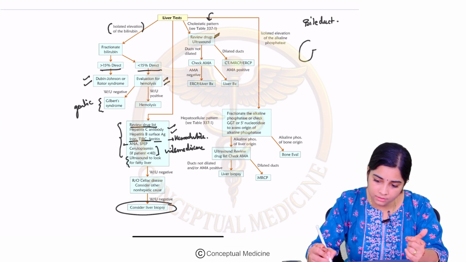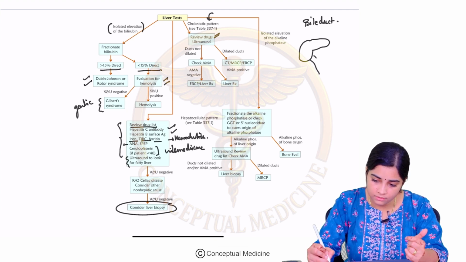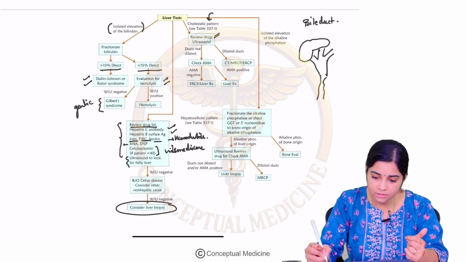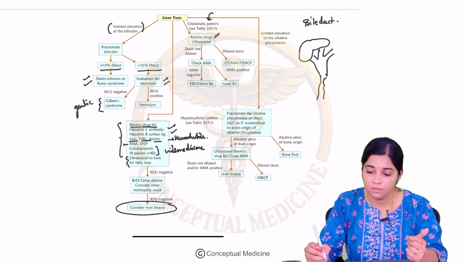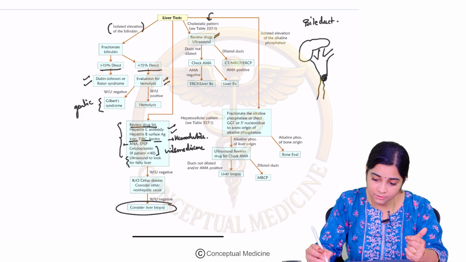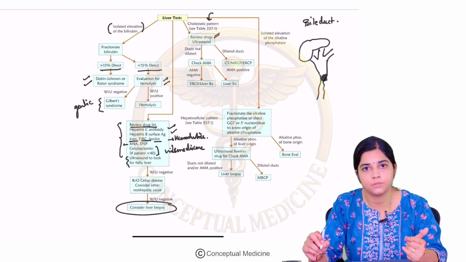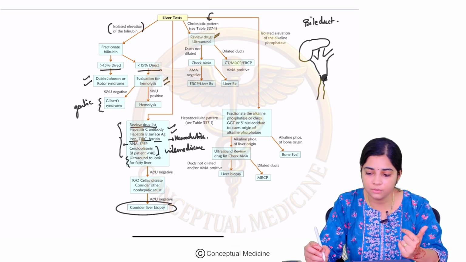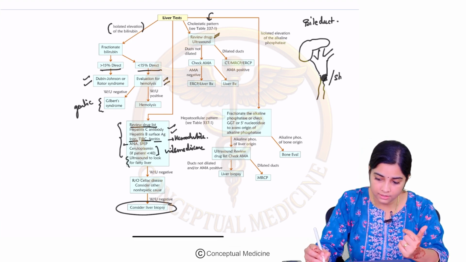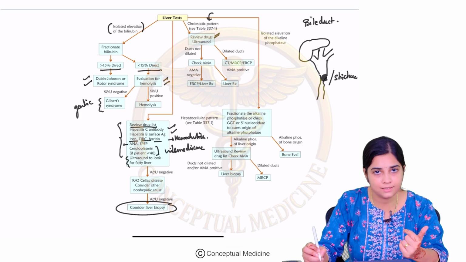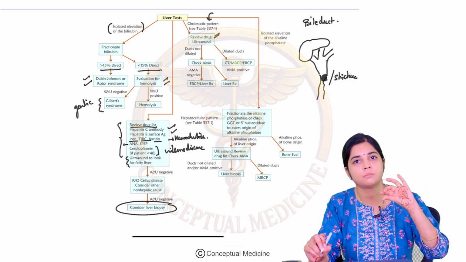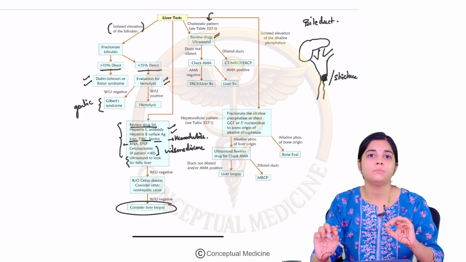Right? So in this, what do we see? If there is a bile duct dilatation, what does that mean? For example, if there is a stone in the bile duct, your bile duct stone, choledocholithiasis, or there is a stricture due to a malignancy of sorts, what happens to the upstream portion of the bile duct?